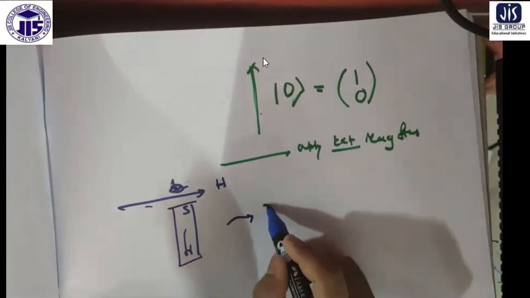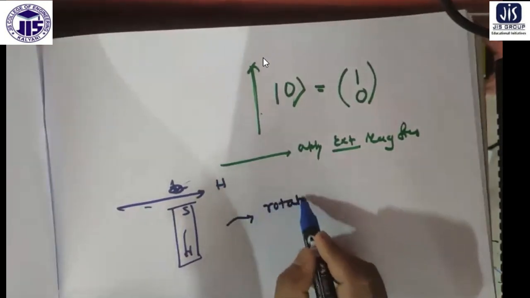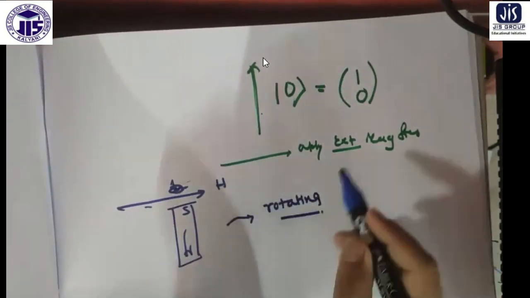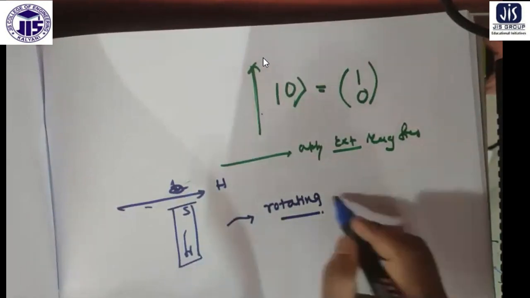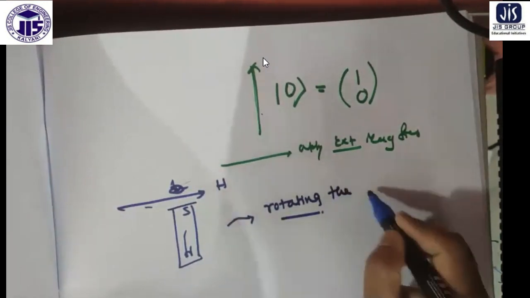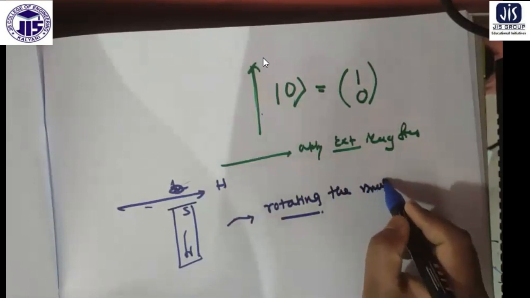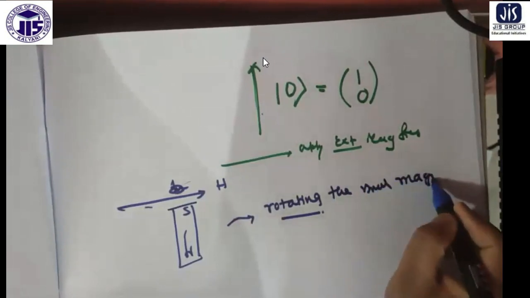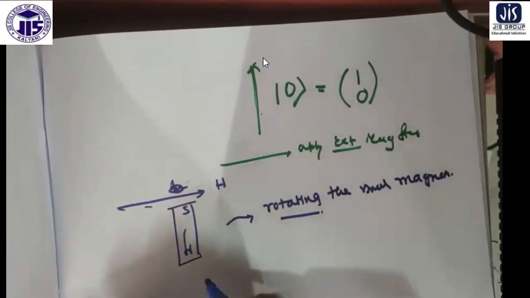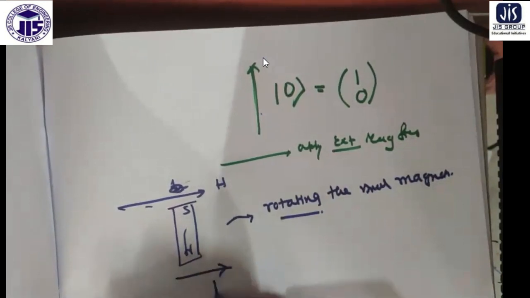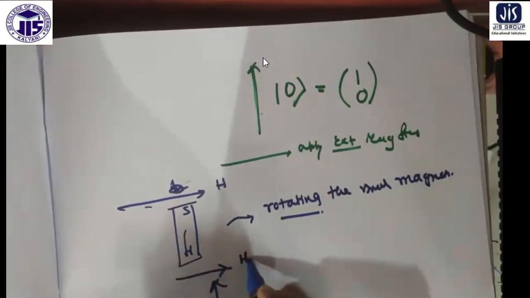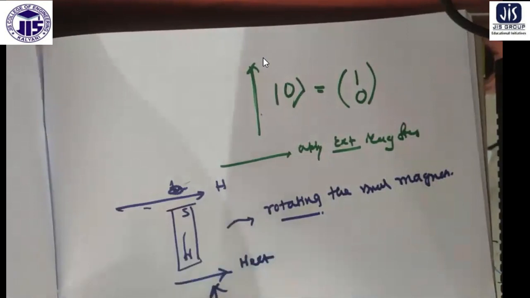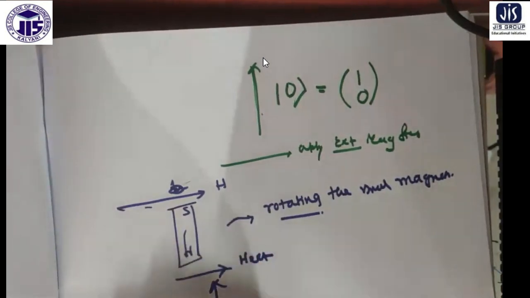It is rotating the small magnets. This is H external, and that is the initial direction. So it is rotating it, maybe by some angle theta, or maybe some other angle, say phi.